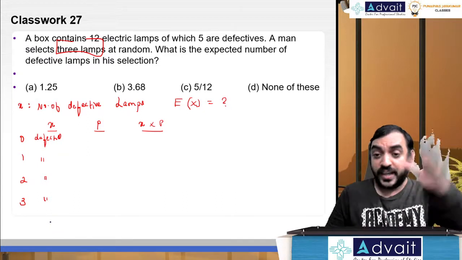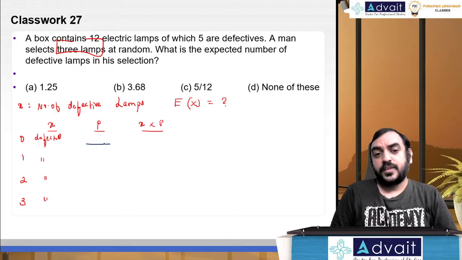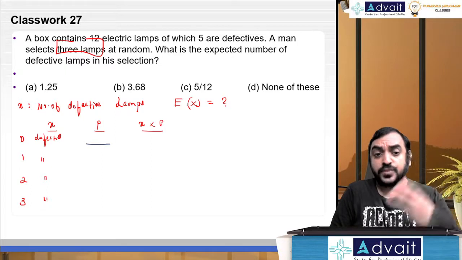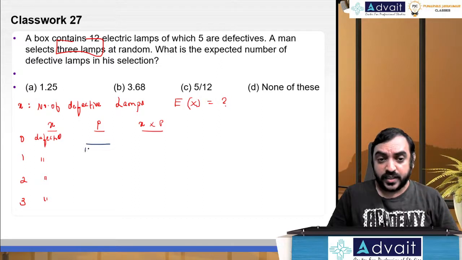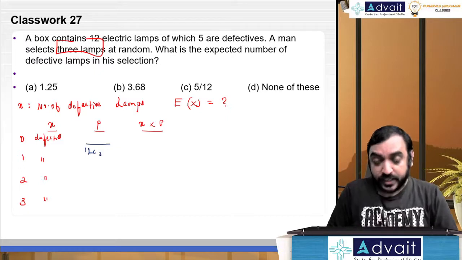Okay, forget about the numerator. Give me denominator at least. You are selecting 3 lamps from the total of 12. So can we say 12C3 is denominator? Denominator without any conditions.